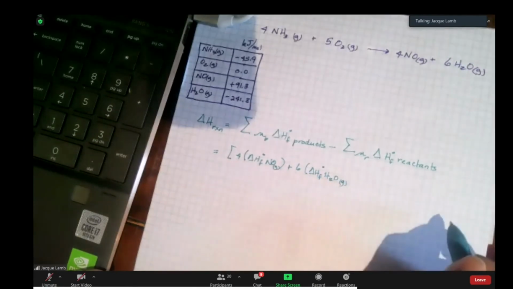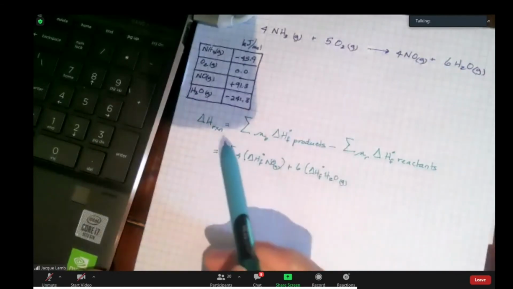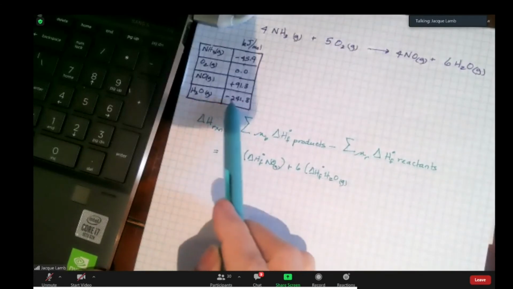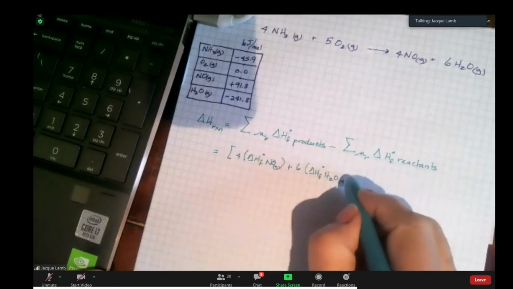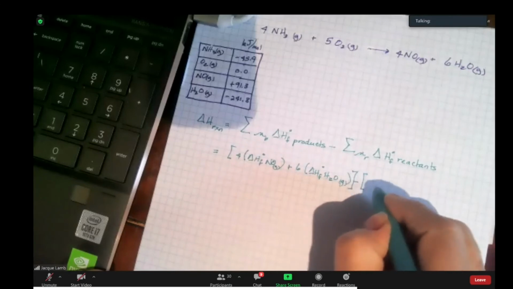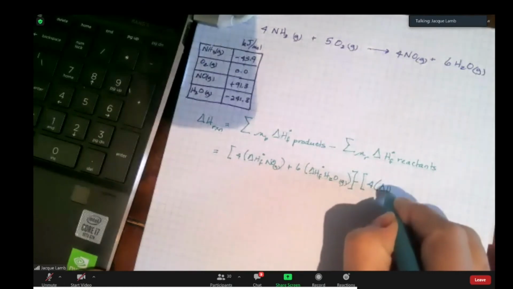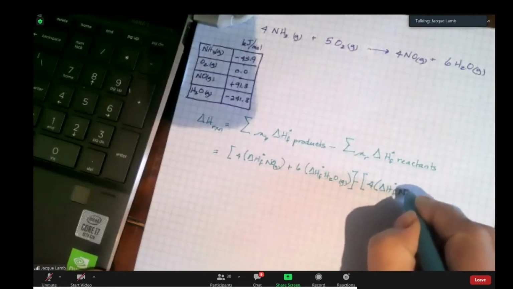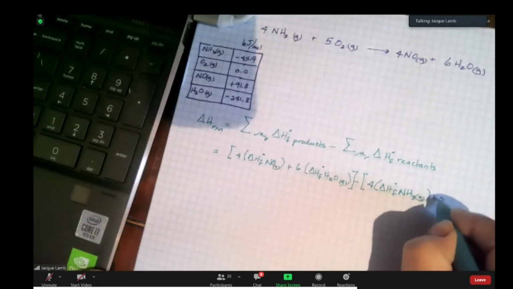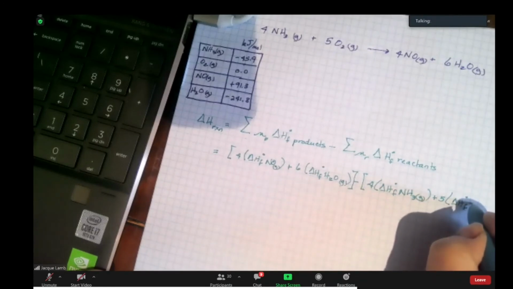Delta H of formation of water as a liquid is different than delta H of formation of a gas. If you're working off of a large table, you have to make sure you take the right one. In this case, I've given you just the one for the gas. And we subtract from that 4 times delta H of ammonia plus 5 times delta H of oxygen.